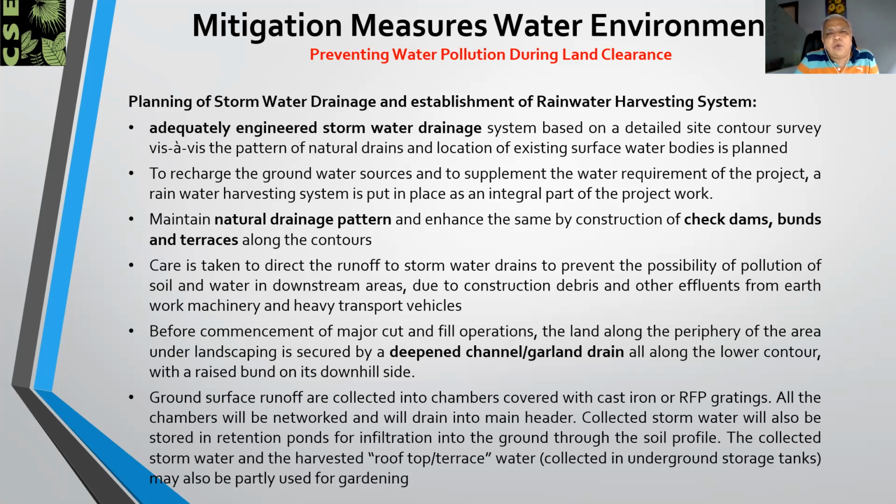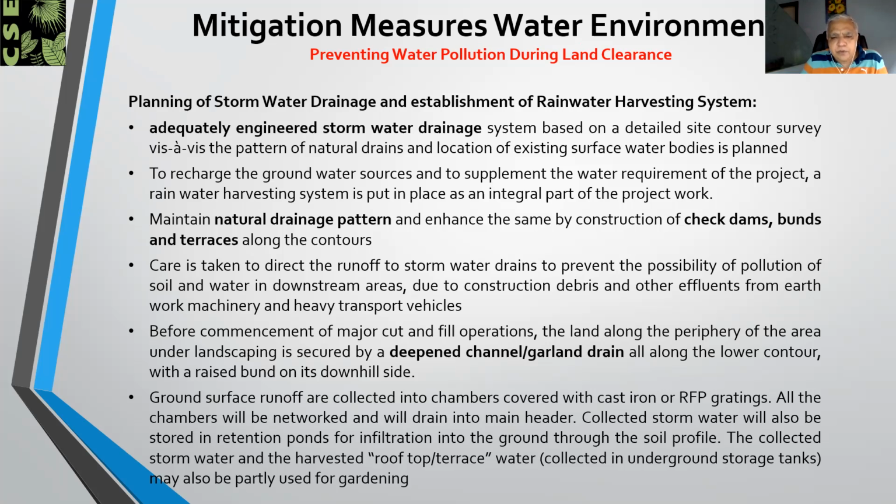Now, to prevent water pollution during implementation of a large area development project, what we should do is to study the natural topography, as I have explained in the last session. We need to study it using a survey technique or by using drone.